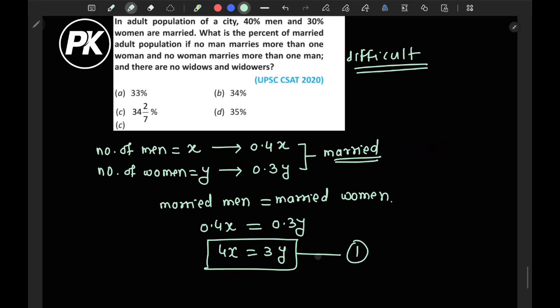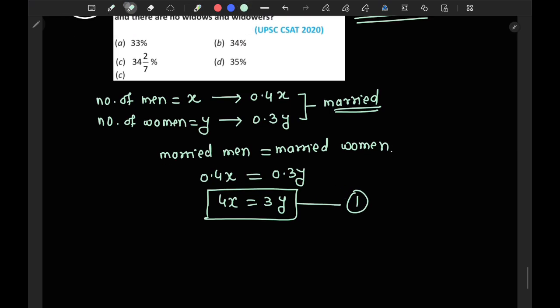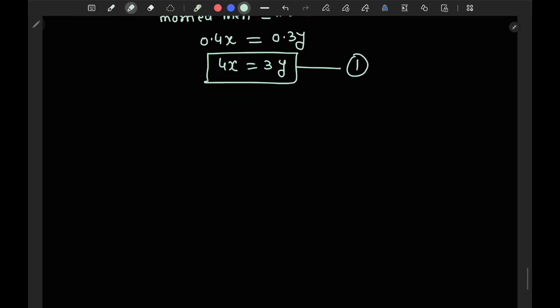Then what they have asked is: what is the percentage of married adult population? Let's try to frame it. The percentage of married adult population is equal to what? Just write down the formula.